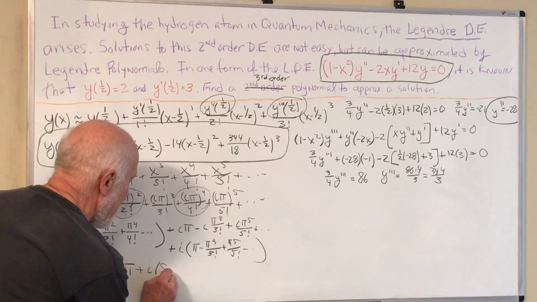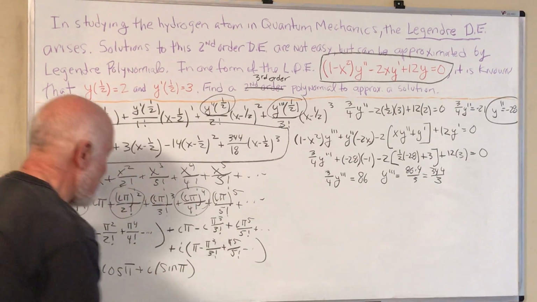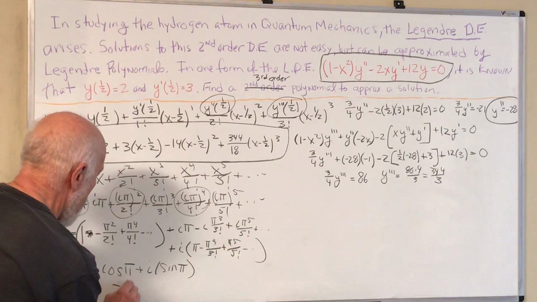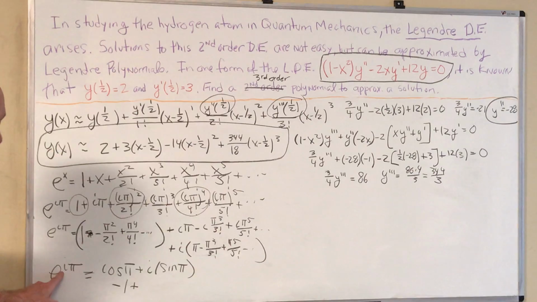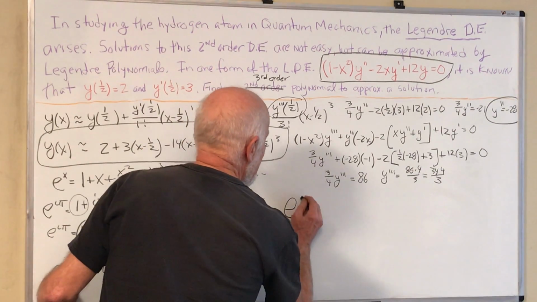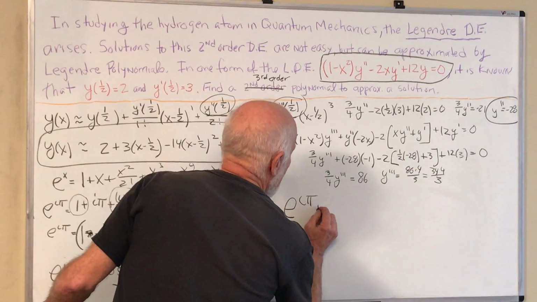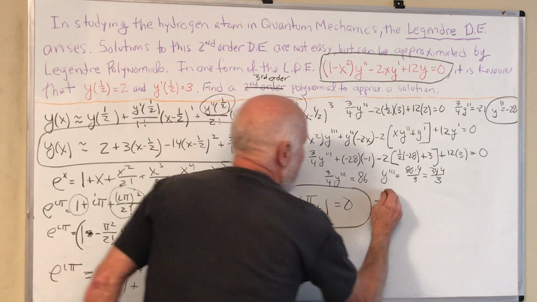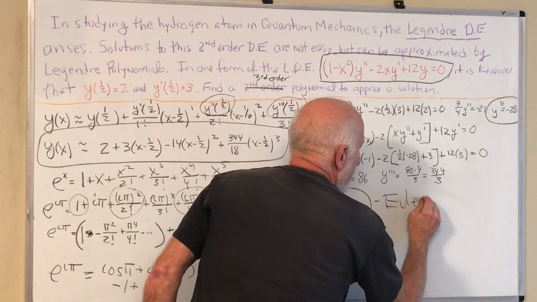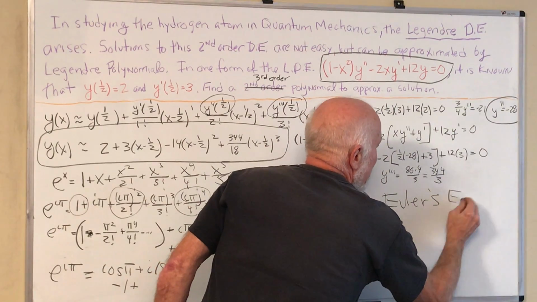So this is the sine of pi. So the cosine of pi is negative 1 plus I times 0. So what do we have? E to the I pi plus 1 equals 0. We have Euler's equation.